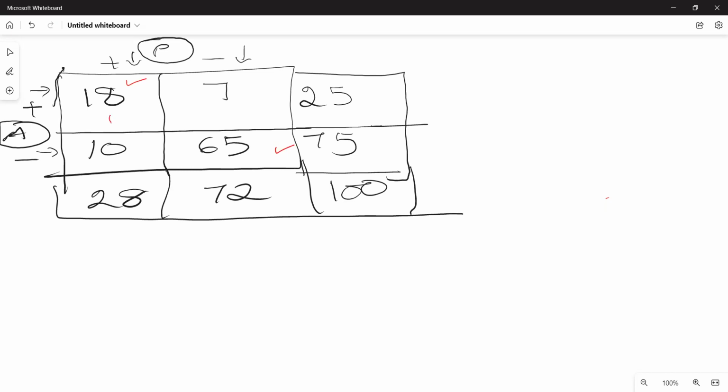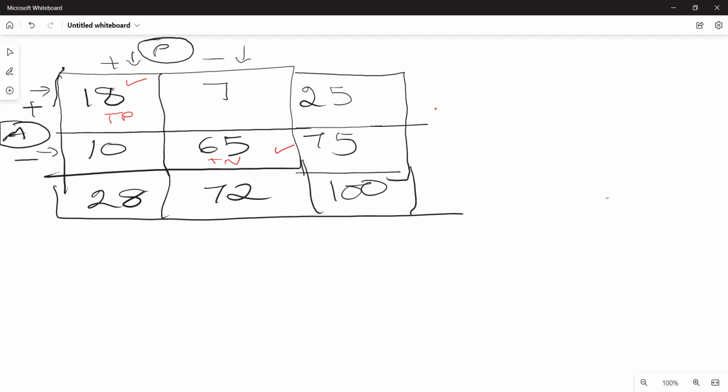So this is called true positive, and this is called true negative. Okay. Now let us look at the other two numbers, 7 and 10. What is 7?